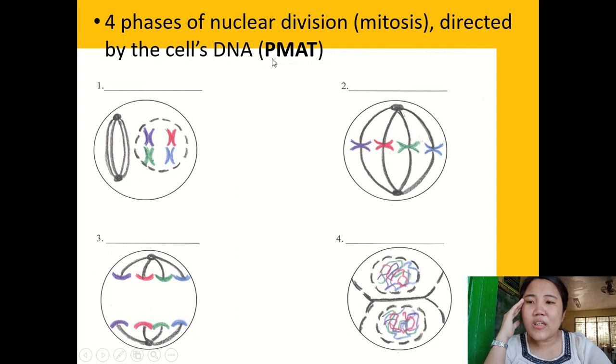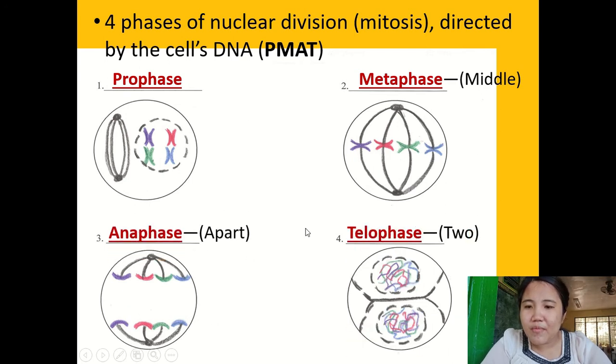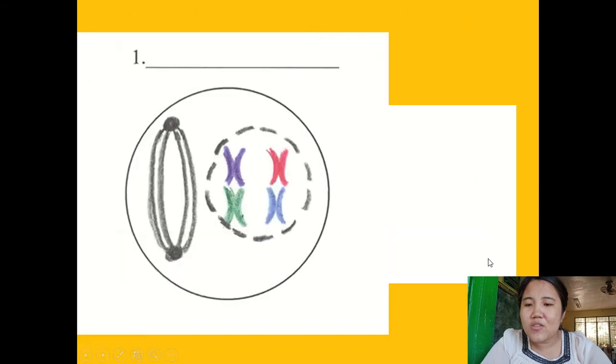And the shortcut for this one is PMAT, so that you can remember it automatically. So the first phase of nuclear division is called prophase. Next is the metaphase. Third is the anaphase, or the apart, and telophase is two. So let's discuss it one by one.